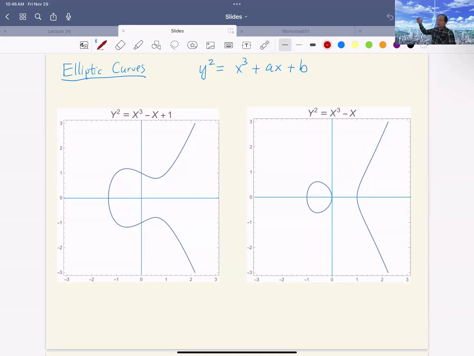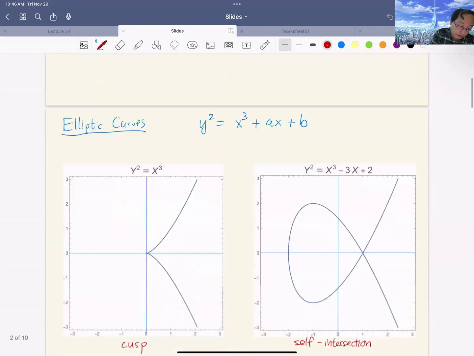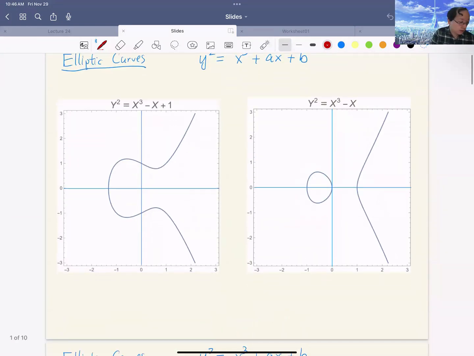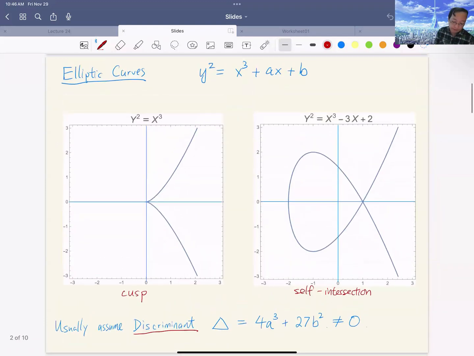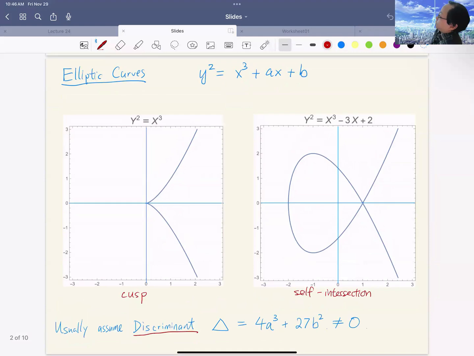But of course, if I change the coefficients in a continuous way, then I will be able to change from one graph to the other graph. But at some point, there will be some kind of singularities, right? So examples of this type. The first one, you will have a sharp point.